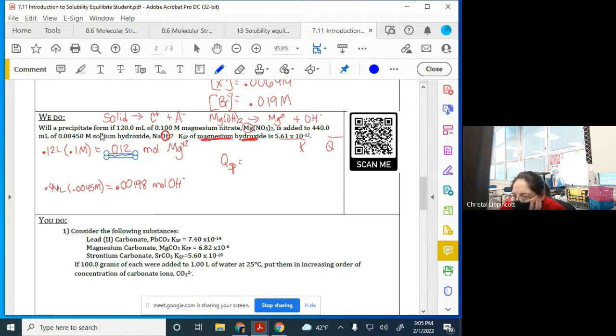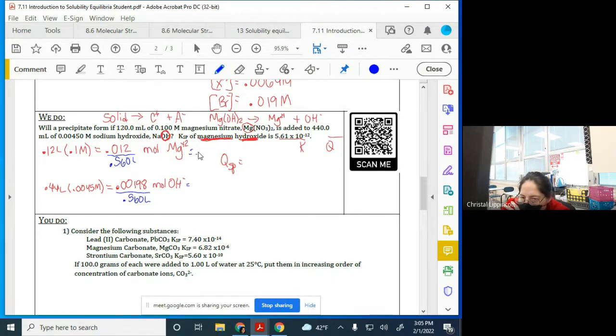My volume is now 120 plus 440, which is 560. So 0.560 liters, and now my concentrations have changed.